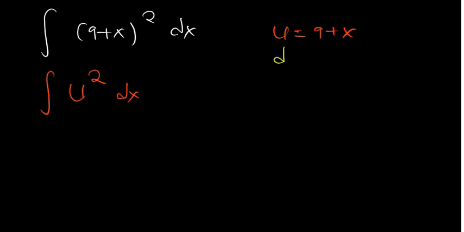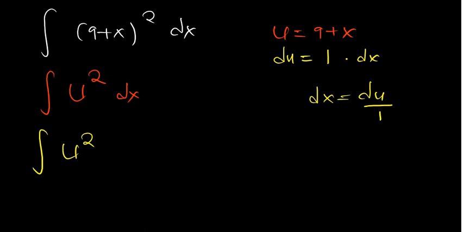So du is going to be, derivative of a constant is 0, derivative of x is 1, dx, right? So make dx a subject, so dx of course will still be equal to du over 1, if you divide by 1 it's just like nothing. So we have the integral of u squared, and then for our dx we now have just du. So we can actually integrate.